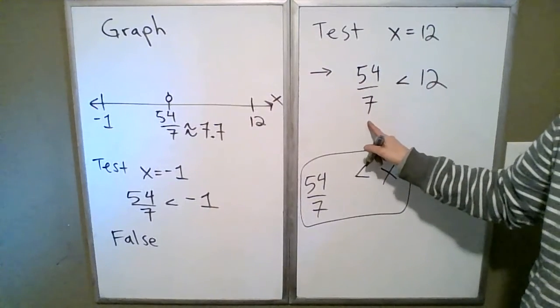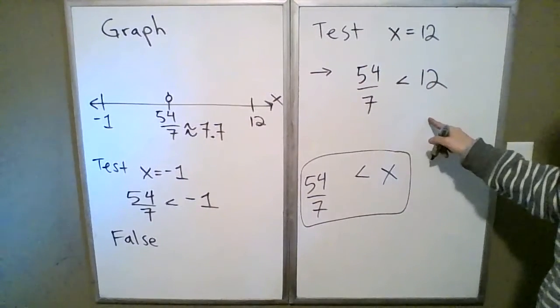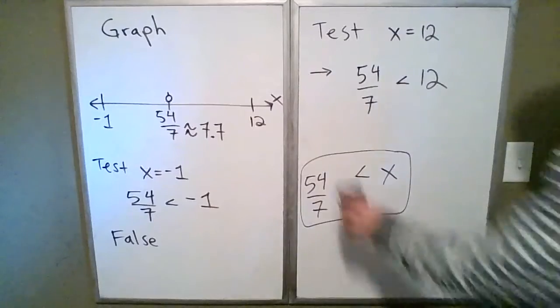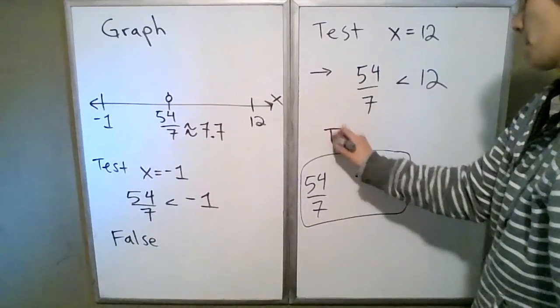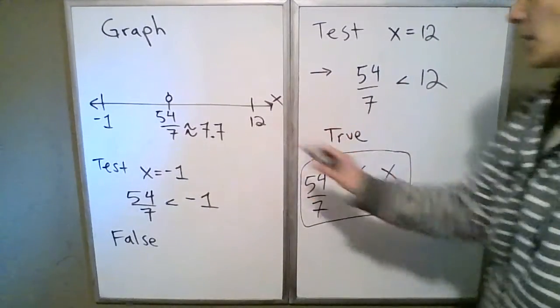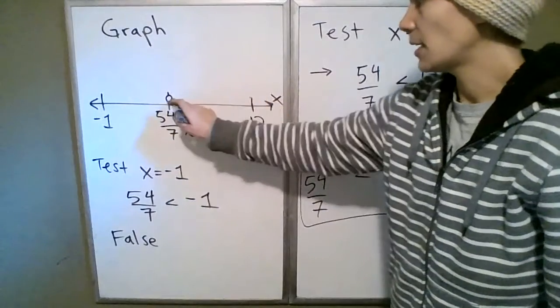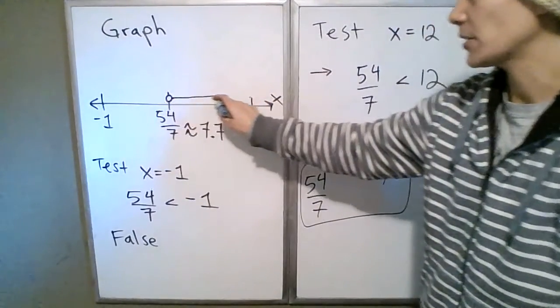And that's about 7.7. That being less than 12 would be true. So this is a solution, and I can shade over here. This is a solution section.